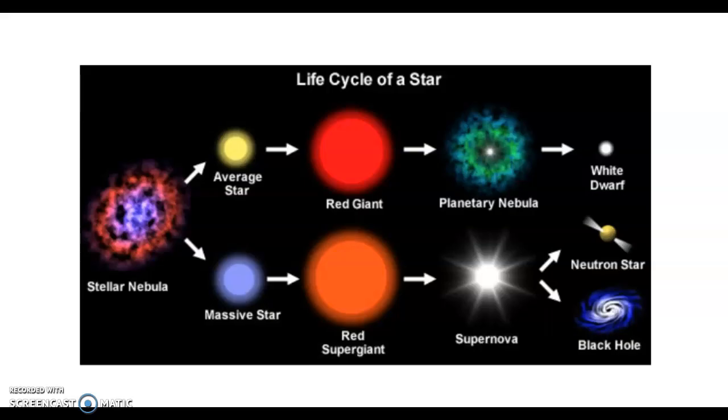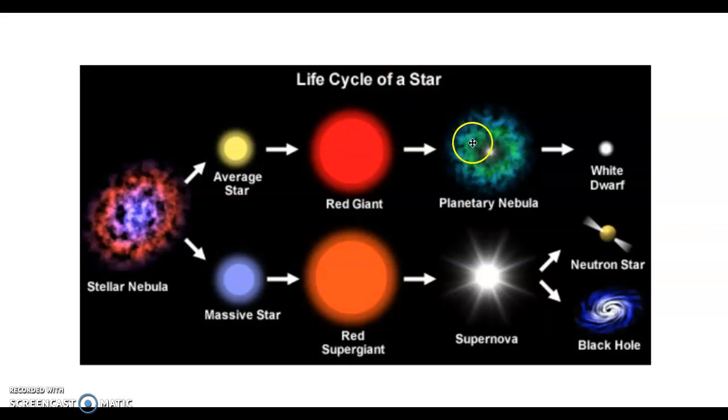There are 2 general trajectories for stars, depending on their size. You could have an average-sized star, like our Sun. Our average star will eventually become a red giant in the later stages of its life as it begins to die. As that red giant begins to fade, you would end up once again with a planetary nebula.